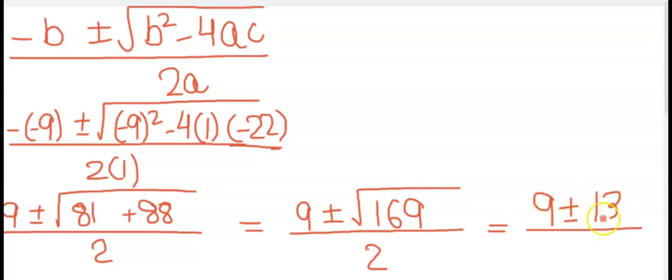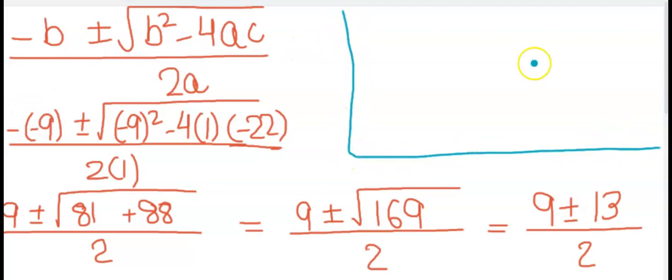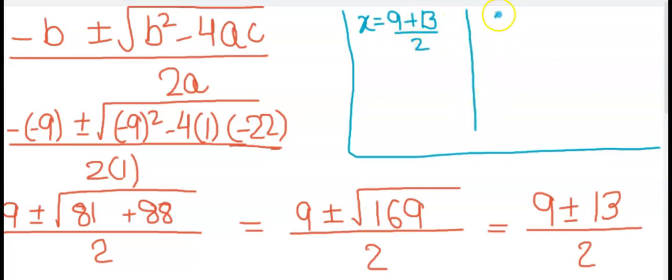So I got 9 plus minus 13 over 2. Now I need two answers. So I put two boxes here. In one box, I write x equals 9 plus 13 over 2. In the other box, I put x equals 9 minus 13 over 2.